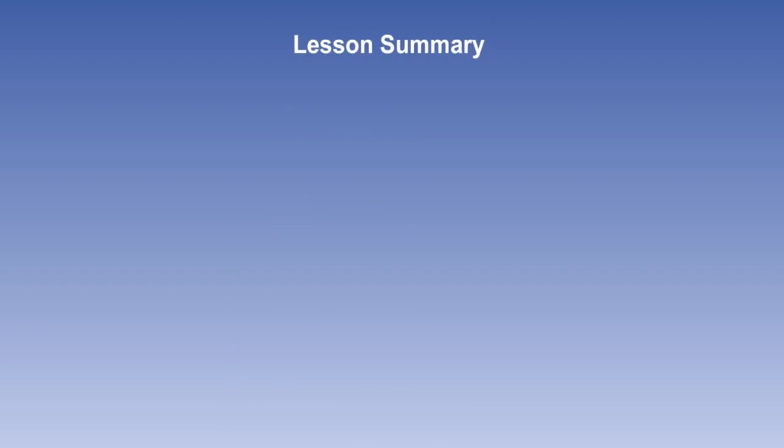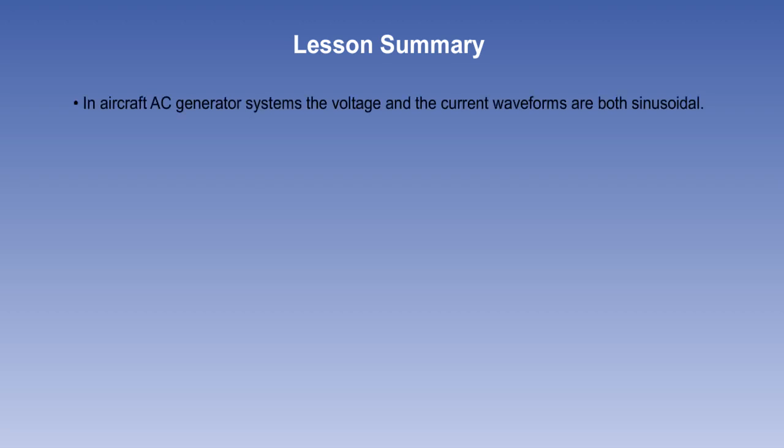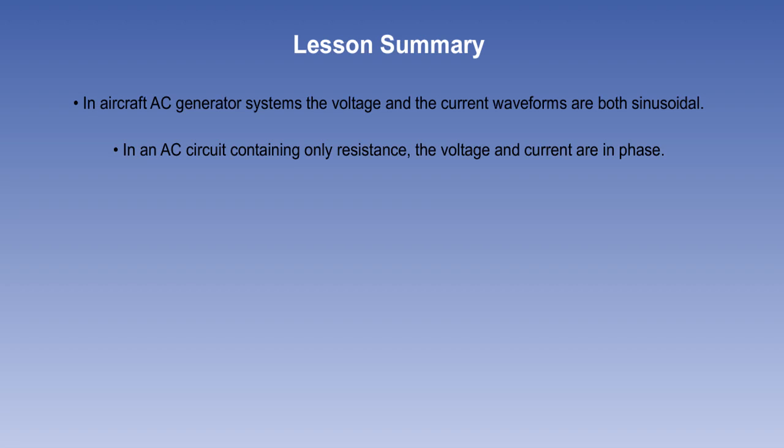That is the end of the lesson. Here is a summary of the most important points. In aircraft AC generator systems, the voltage and the current waveforms are both sinusoidal. In a theoretical AC circuit containing only resistance, the voltage and current are in phase with each other. The unit of inductance is the Henry.